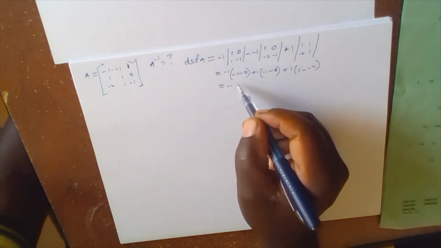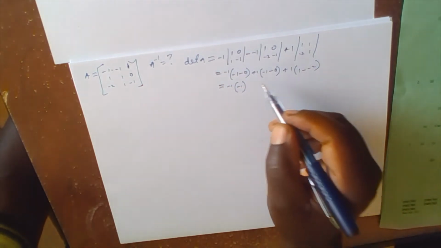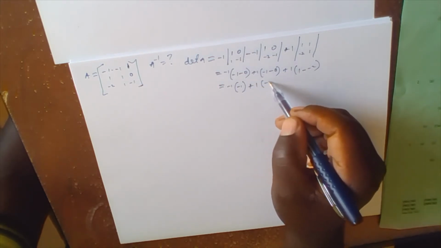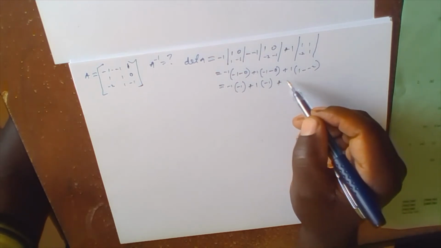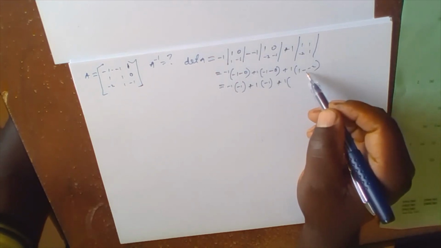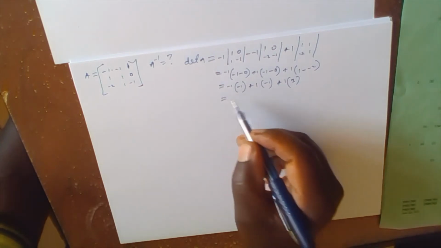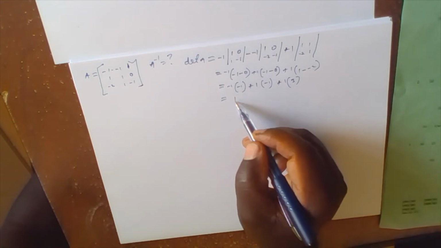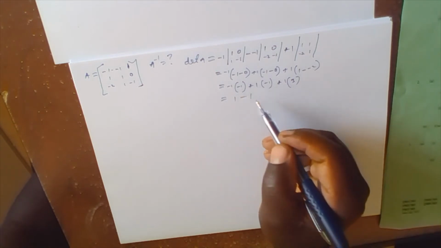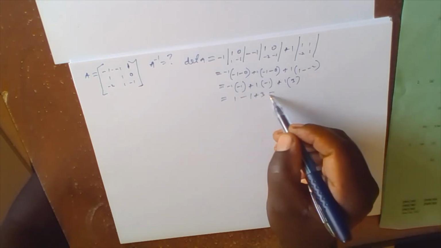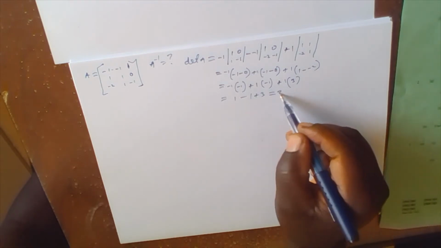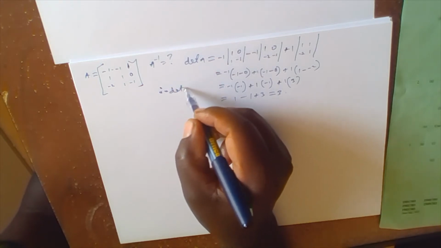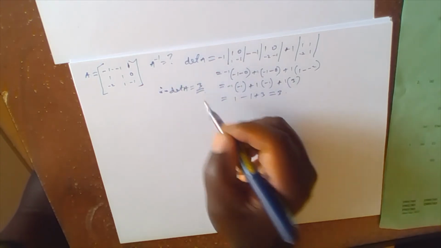This equals negative 1 into negative 1 plus 1 into negative 1, then plus 1 into, this will now be 3. So when you multiply negative 1 times negative 1, we have 1 minus 1 plus 3. This equals 3. Therefore, the determinant of A equals 3.